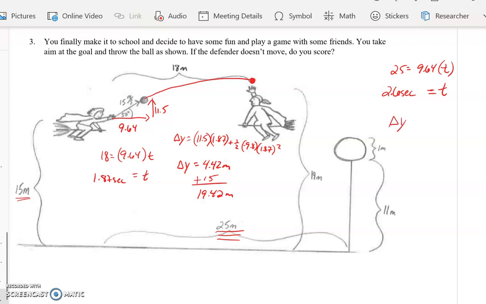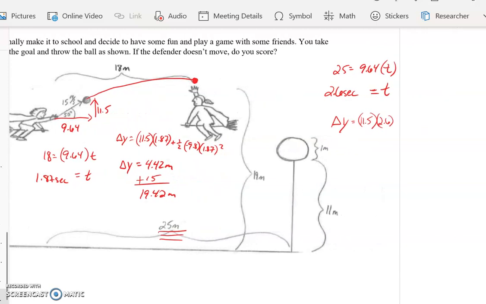Again, find delta y at that time. V_iy is still 11.5 times 2.6 plus 1/2 times negative 9.8 times 2.6 squared gives you a delta y for the entire throw to the goal of negative 3.06 meters.